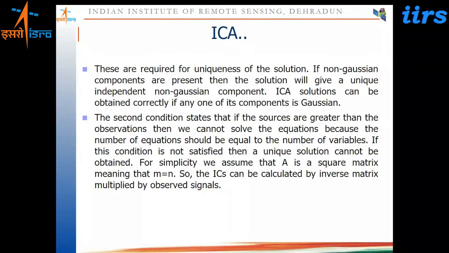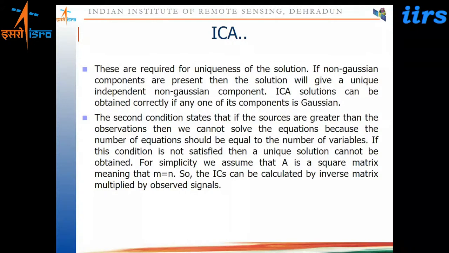Now the second condition states that if the sources are greater than the observations, then we won't be able to solve the equation. In initial mathematics stages also we studied that if we have to know the values of three constants, then we require a minimum of 3 equations. If we have to solve for two constants, then 2 equations are required.